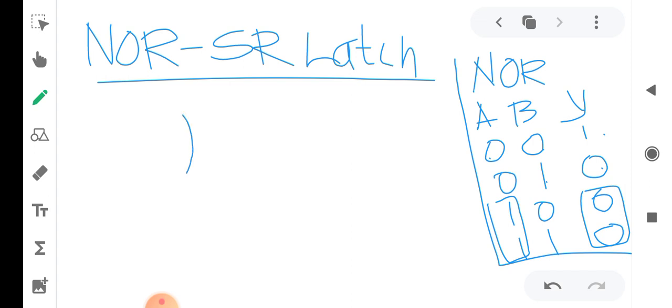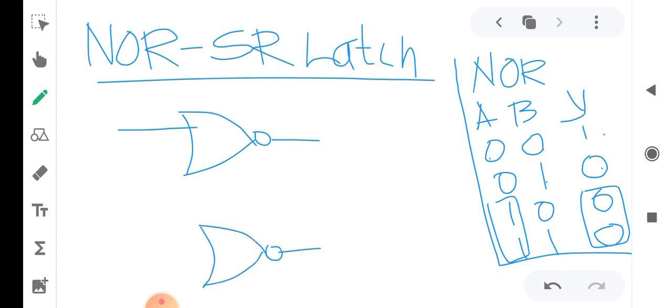For the NOR gate implementation, you just draw the NOR gates. I take this input as R and this one as S, and then the cross-connected inputs as the complement.